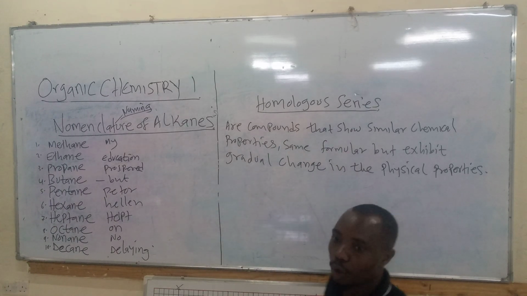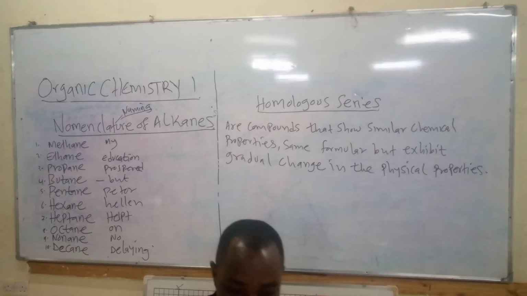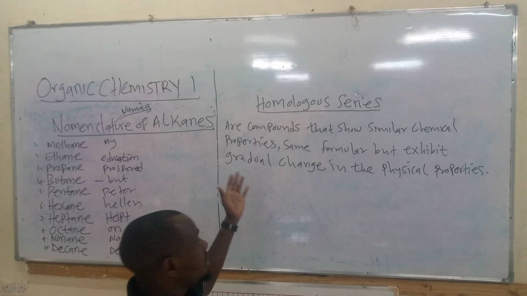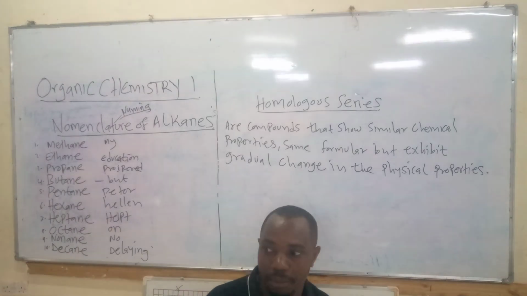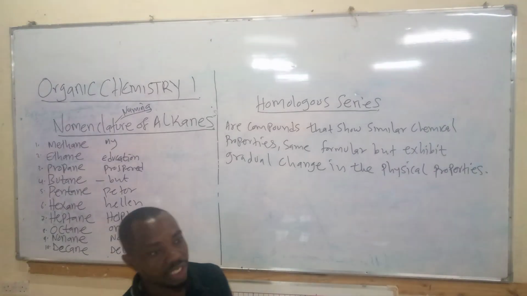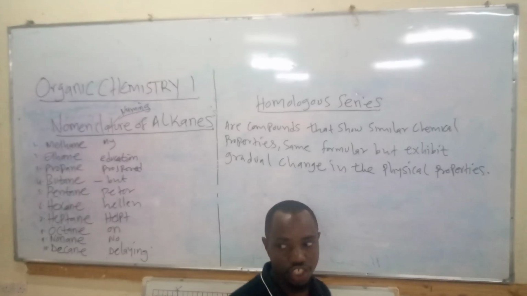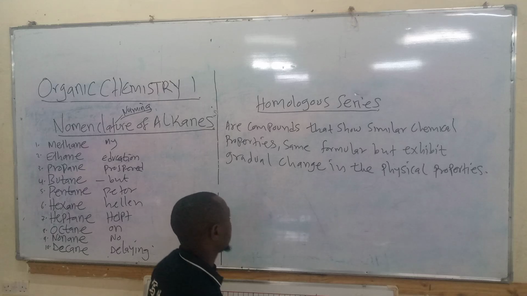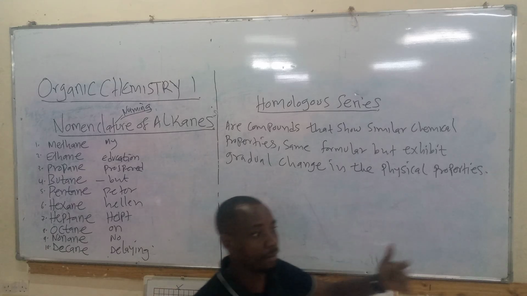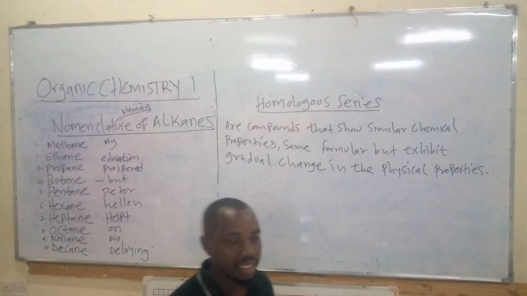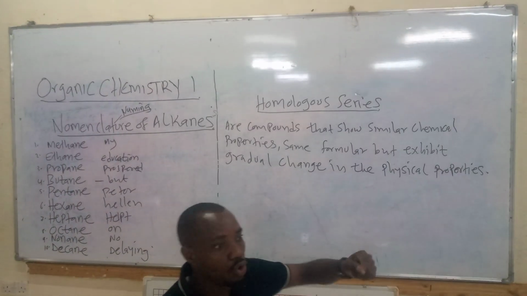We call it homologous series. Homologous series, in simple terms, means compounds that show similar chemical properties. They conform to a general formula, but exhibit gradual change in their physical properties. This is the same as the chemical families we learned in chemistry book 2, but here we are referring to hydrocarbons.